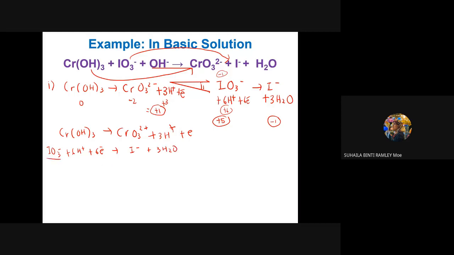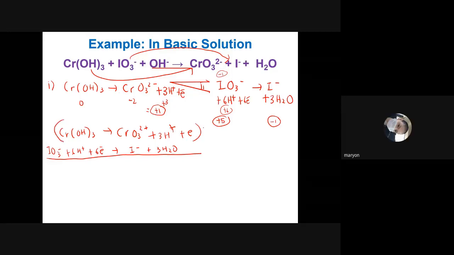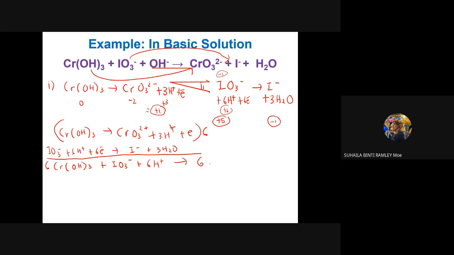Okay, to total up the equation, we need to multiply this one by 6. So overall equation: 6Cr(OH)3 plus IO3 minus plus 6H plus produce 6CrO3 2 minus plus 18H plus plus I minus plus 3H2O.